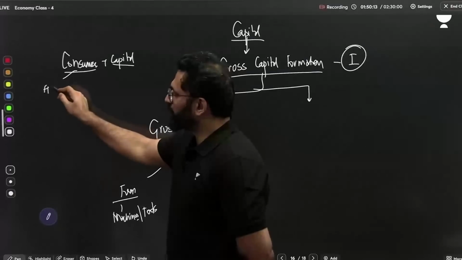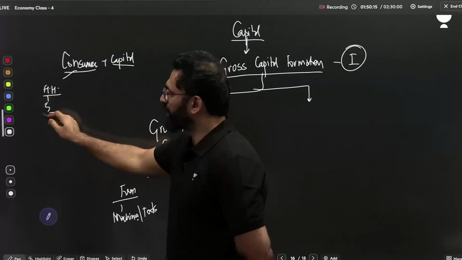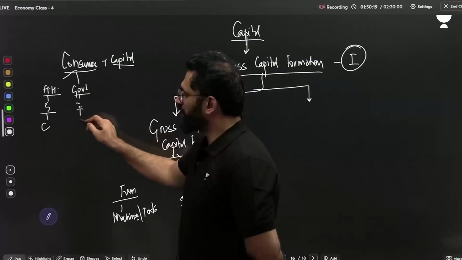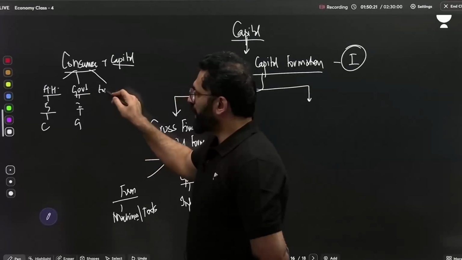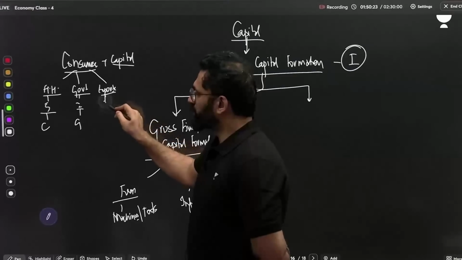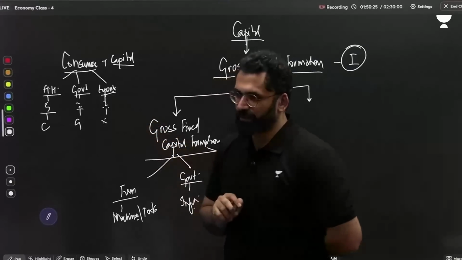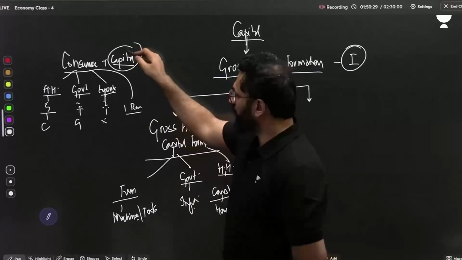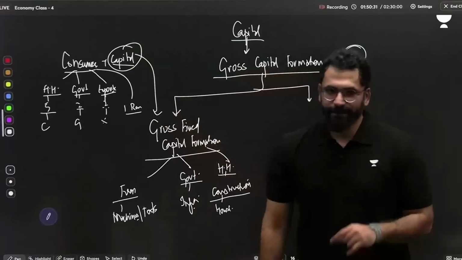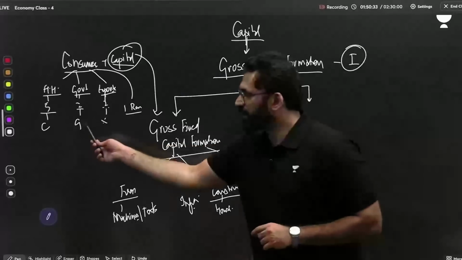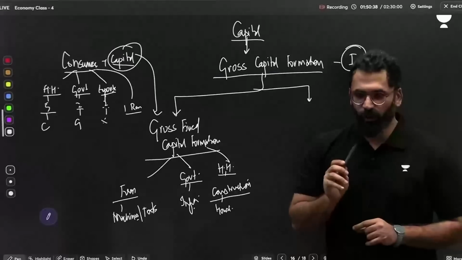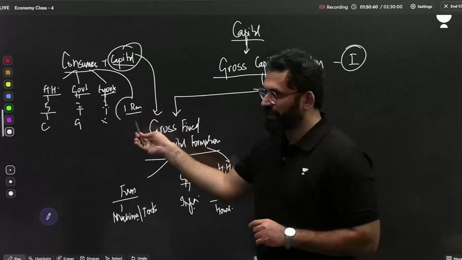Consumer goods bought by households were 5, counted under consumption expenditure. 2 bought by government, counted under G. 2 by exports, counted under X. There is one remaining good. Is it clear? The only good that is remaining, one.